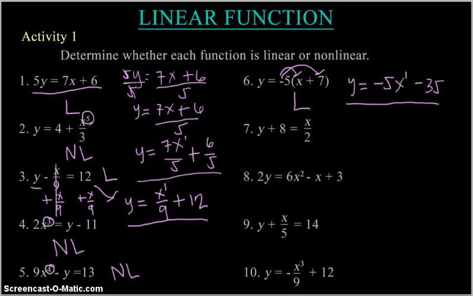Okay, number 7, we have y plus 8 is equal to x over 2. So, i-arrange natin ito. So, para mawala si 8 dito at maiwan si y, mag-minus 8 tayo dito, minus 8 din dito sa kabila ng equal sign.